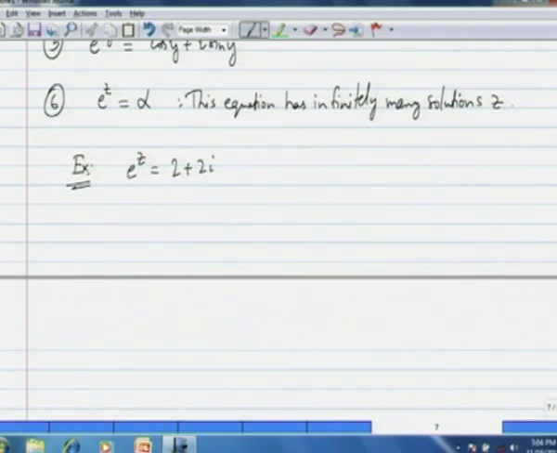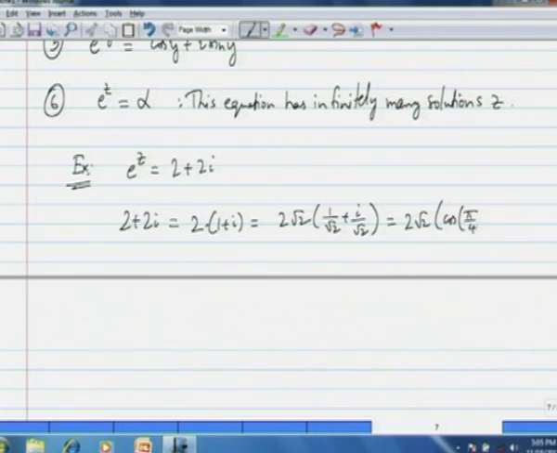What I can do is write 2 plus 2i in its polar form. So, this is 2 times (1 plus i), which is 2 root 2 times (1 by root 2 plus i by root 2), which is 2 root 2 times (cosine pi by 4 plus i sin pi by 4).